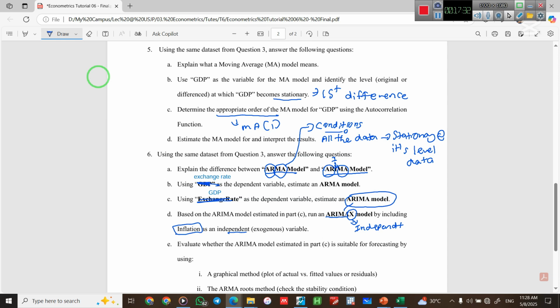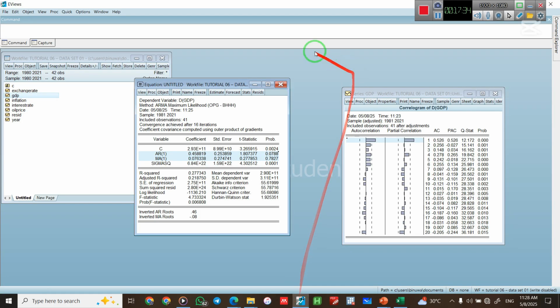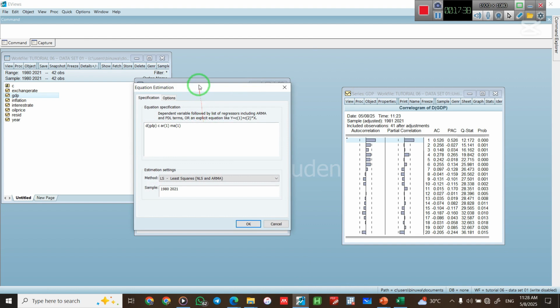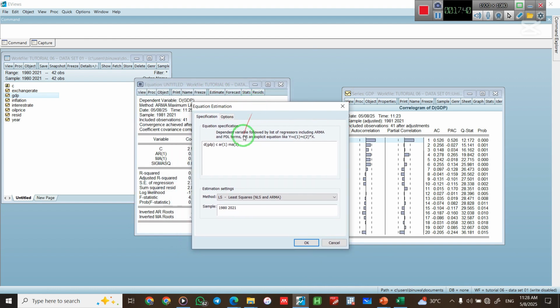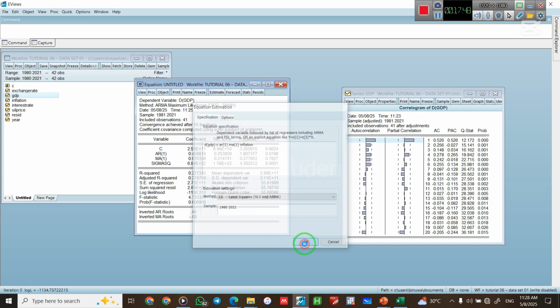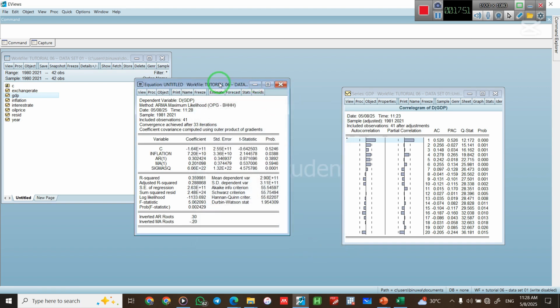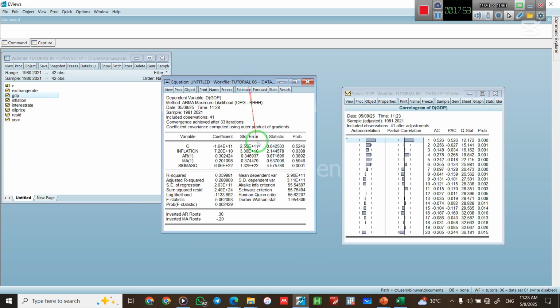So I will go to eViews, and in here I will go to Estimate. So this is the ARIMA model we have estimated. Here you have to add inflation as another independent variable, right? So I will double click it here and then press OK. So this is your ARIMAX model.